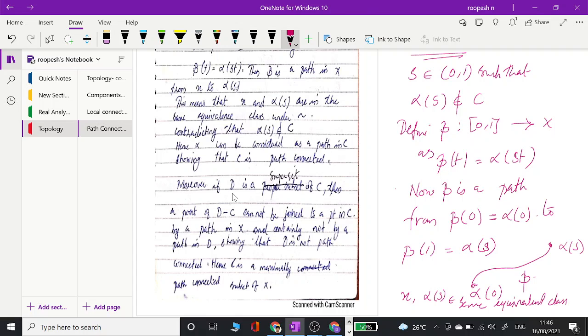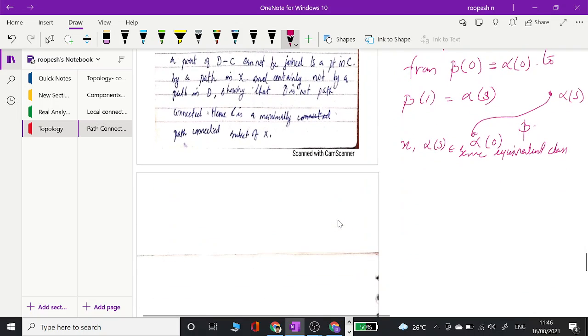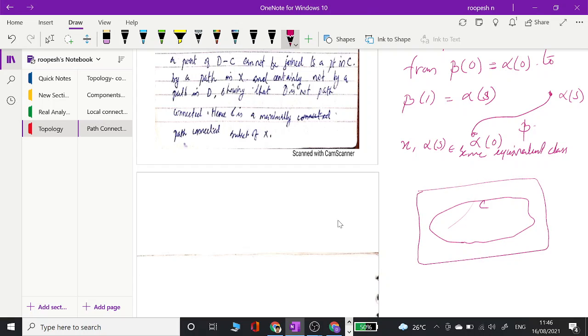Moreover, if D is a superset of C, then a point of D minus C cannot be joined to a point in C, right? Can you follow this? No. See, this is your C. Now I have taken another set D, which is a superset of C. I want to prove that this C is maximum.